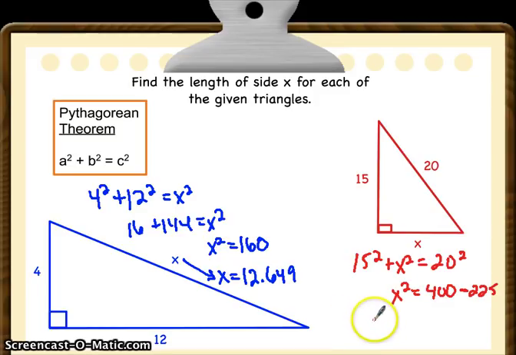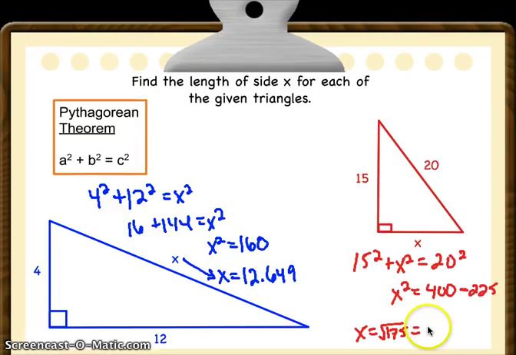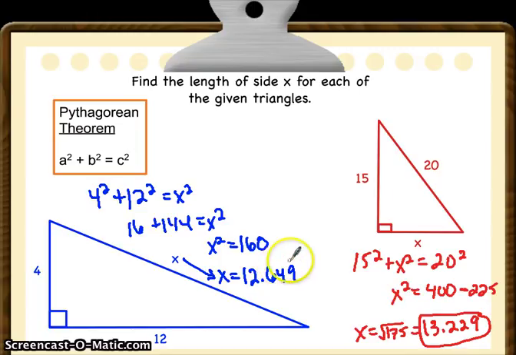And basically x squared will be equal to 175, so x will equal the square root of 175, which comes out approximately equal to 13.229. Again, just calculations off of our calculator. Remember to round to 3 decimal places in order to be reasonably accurate.